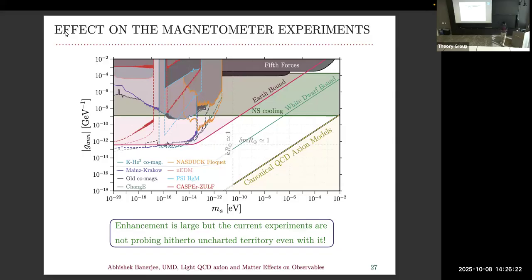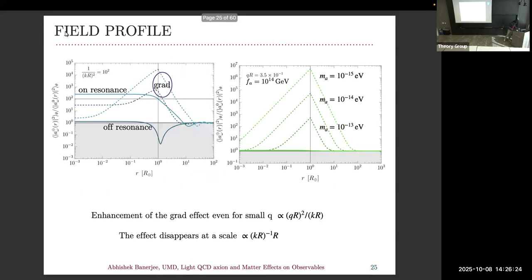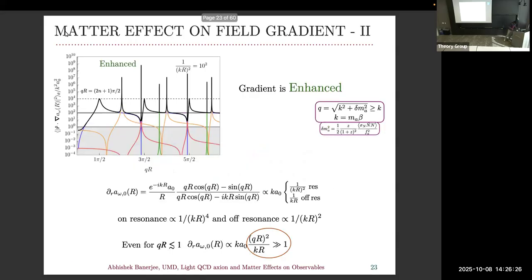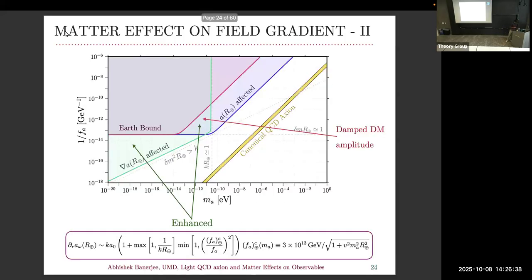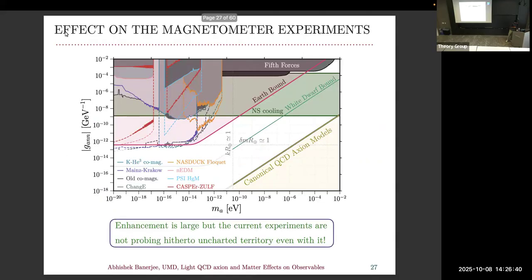Yeah, so as you imagine, this is really the point where you are off resonance, so it's enhanced by 1 over kr squared. That would be the enhancement, and yeah, so take the mass, and then multiply by, so kr is 1 here.